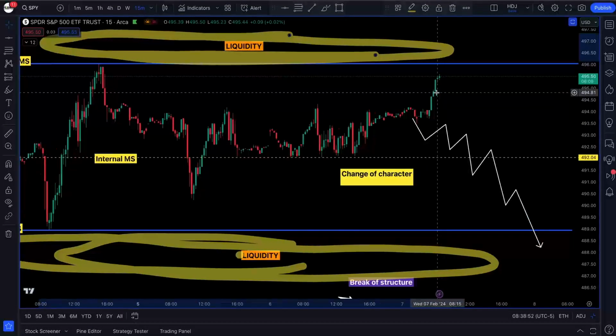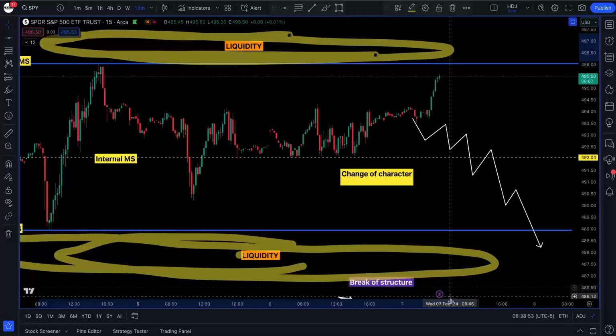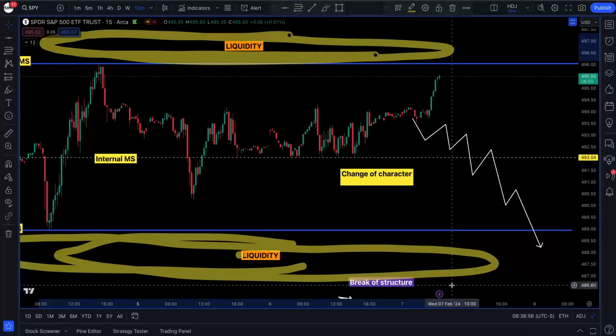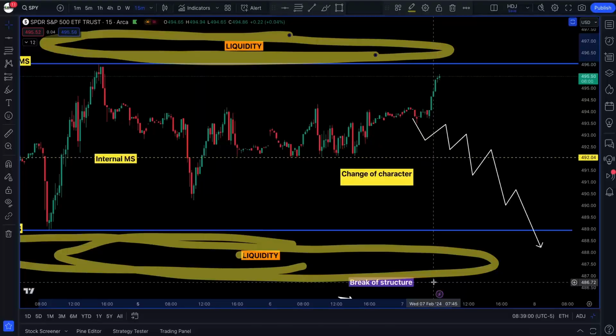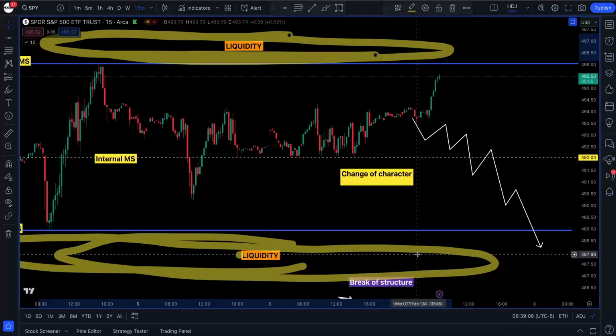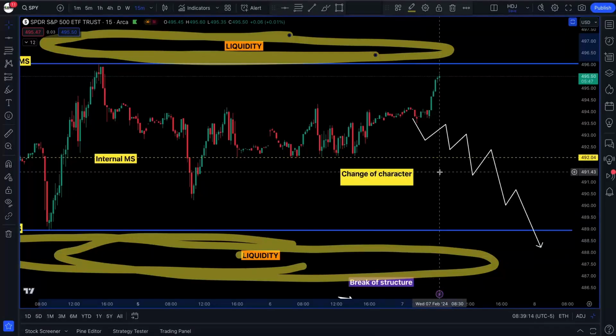So at this point, if we look down here at the bottom, it says Wednesday, February 7th, 2024. Okay, that's today. If we take the crosshairs and go to the left more, we'll see that Wednesday changes to Tuesday right here. Okay, so pre-market right now, it is 8:30 a.m. Eastern Standard Time.